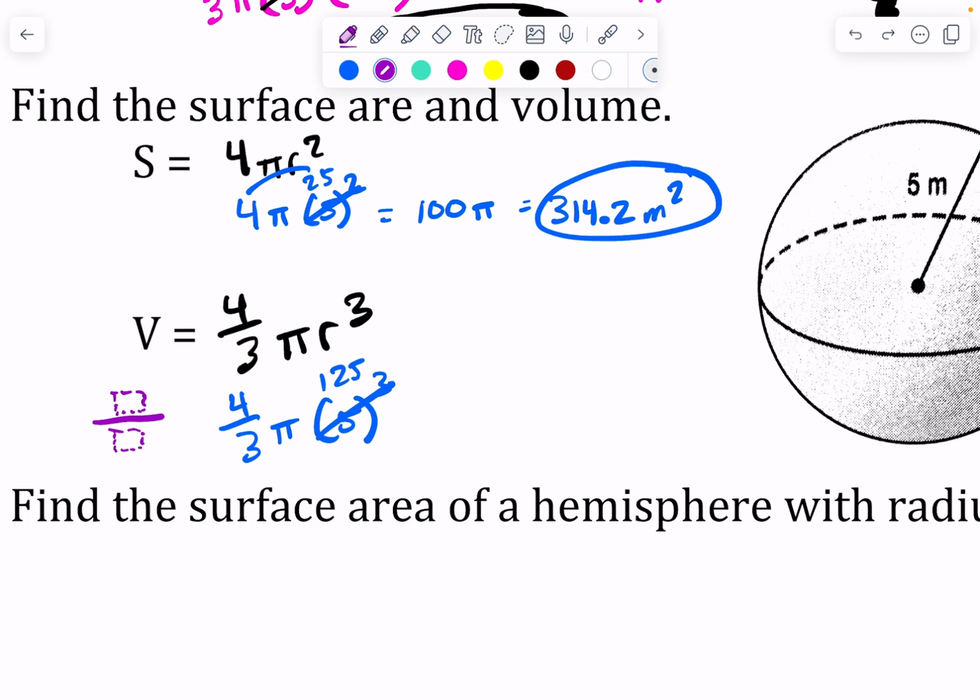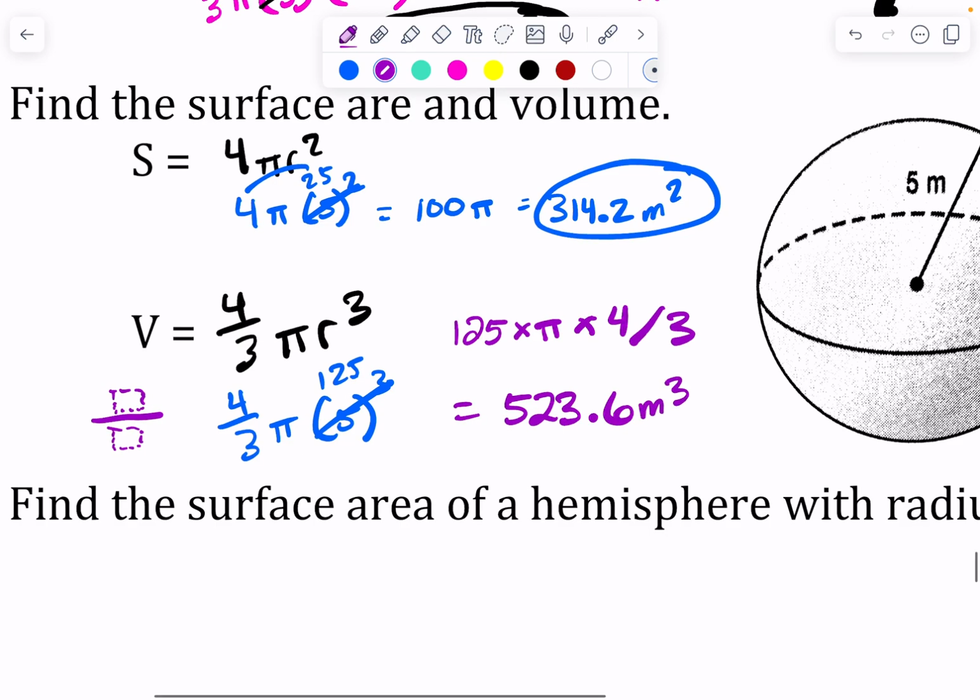But if you don't, how I would type this in, I kind of type this in backwards. I go 125 times pi times 4 divided by 3. That's how I do that. Whatever, doesn't matter, you do you. Times pi times 4 divided by 3. And I got for volume 523.6, and that is in meters cubed.